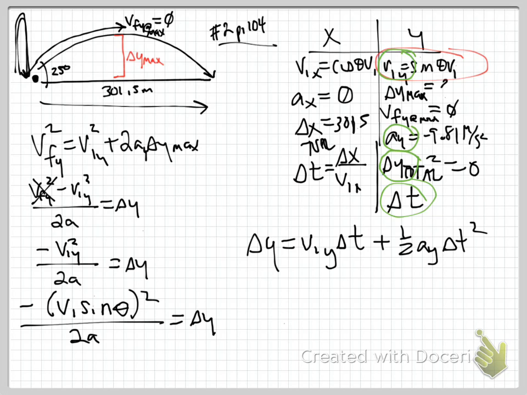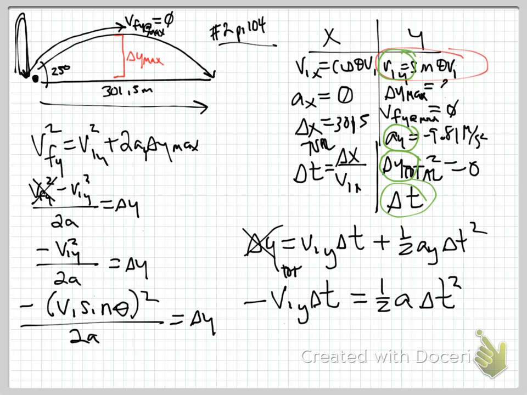Okay. So we know that this is 0 overall, and it might be helpful to write total there. So if that's 0, then this becomes negative VIY delta t equals 1/2 a delta t squared.